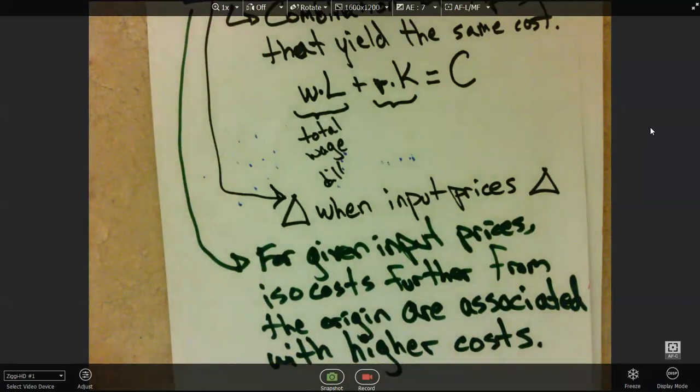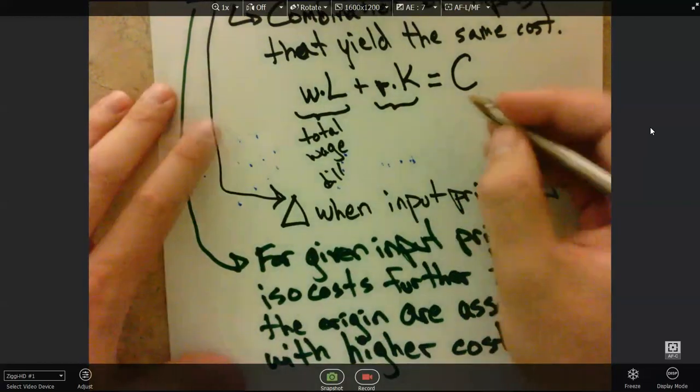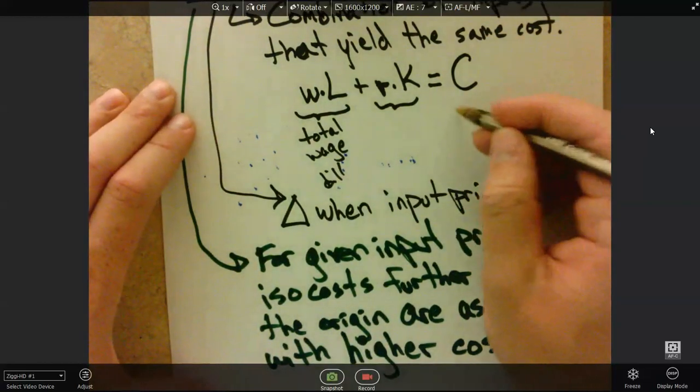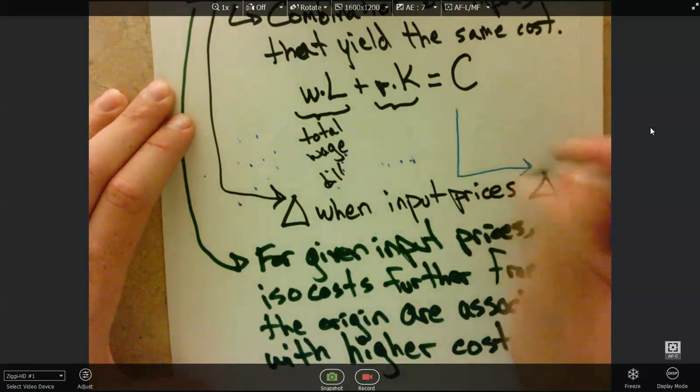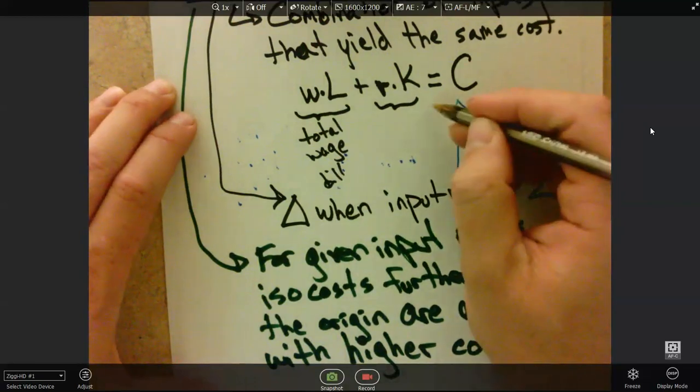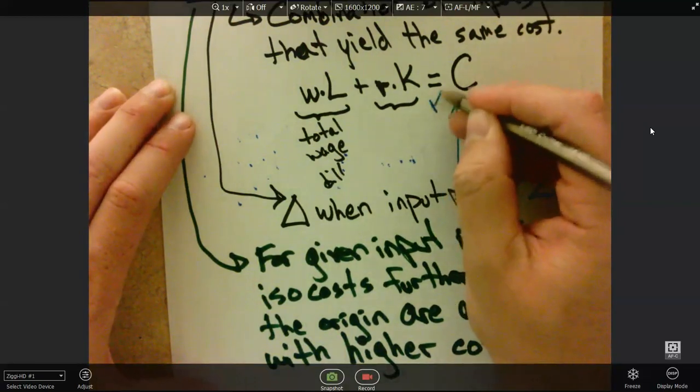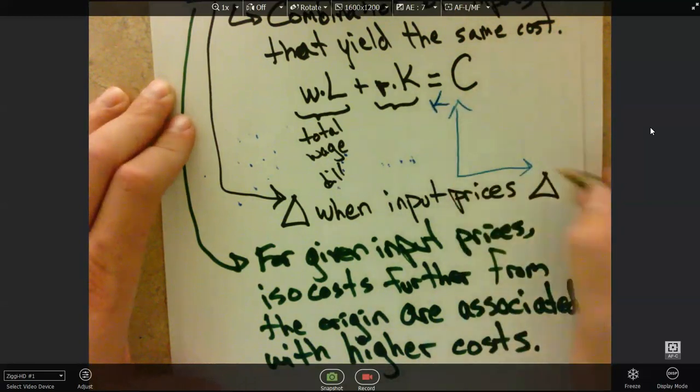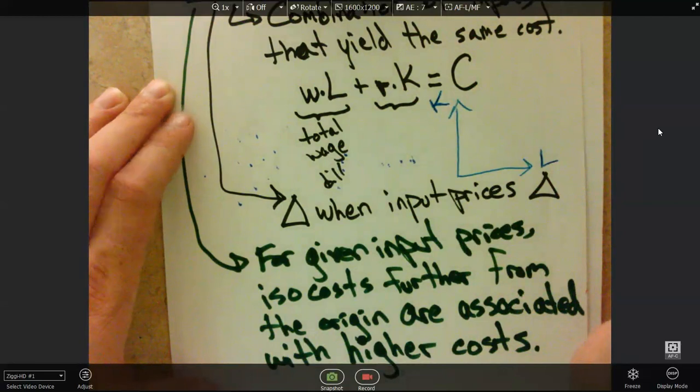So, how do we combine all this together? I know you're dying to figure out how to combine it all together. Well, what was the isoquant curve on? It was on an axis of capital on the Y and labor on the X, right? Just a convention.